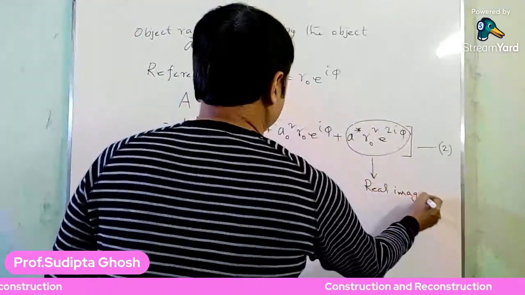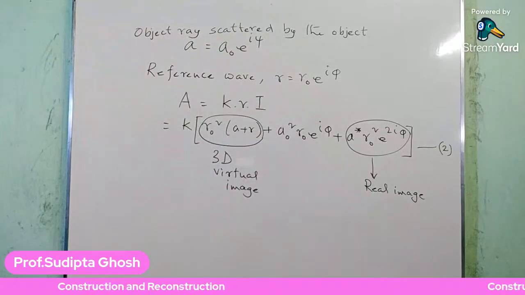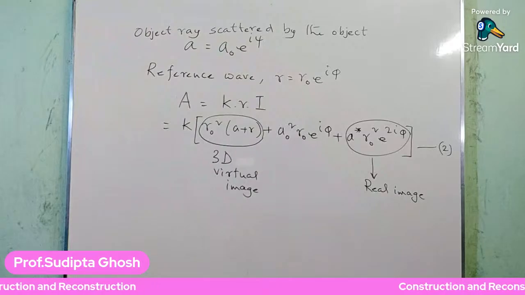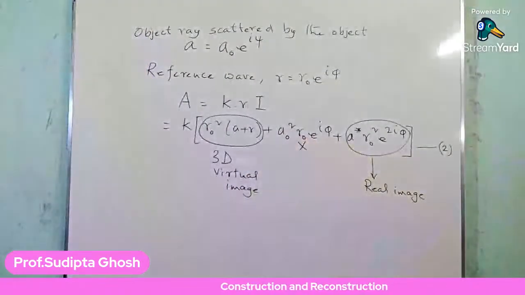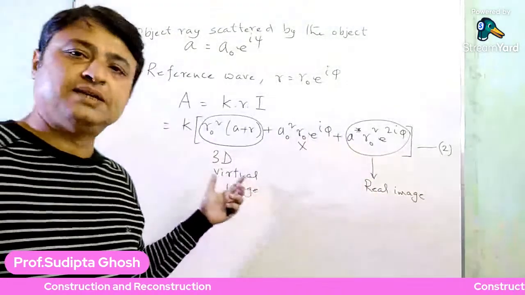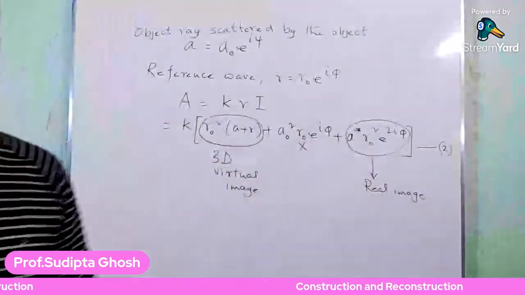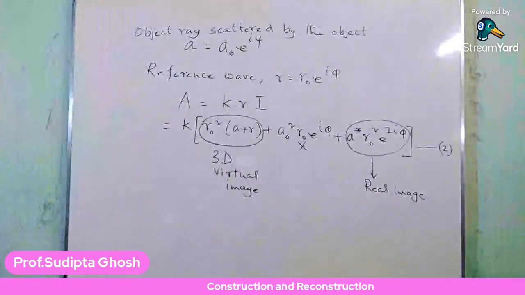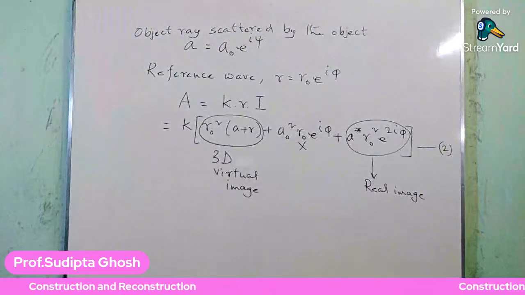And if the reference wave is strong, then the second term can be neglected. So this term can be neglected, and these two represent the virtual image, that is the three-dimensional virtual image, and the other one is the real image part. Okay, so this is all about it.